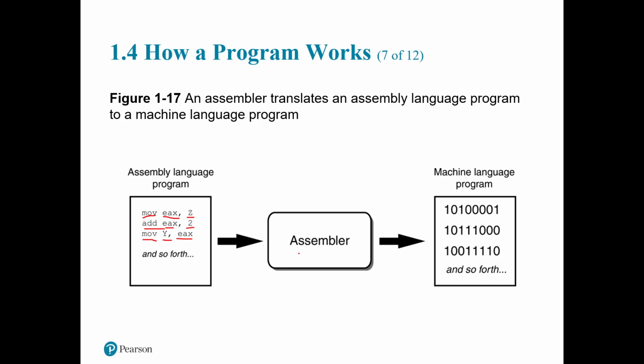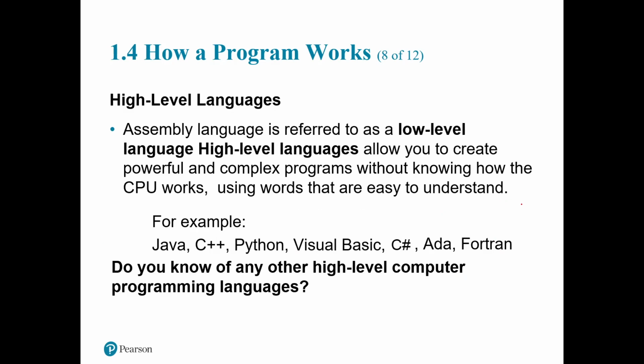The assembler would take these instructions and create zeros and ones that represent the same instructions in machine language. Assembly language is referred to as a low-level language, but high-level languages are what you will write programs in. It's Java, C++, Python, C#, and so on.